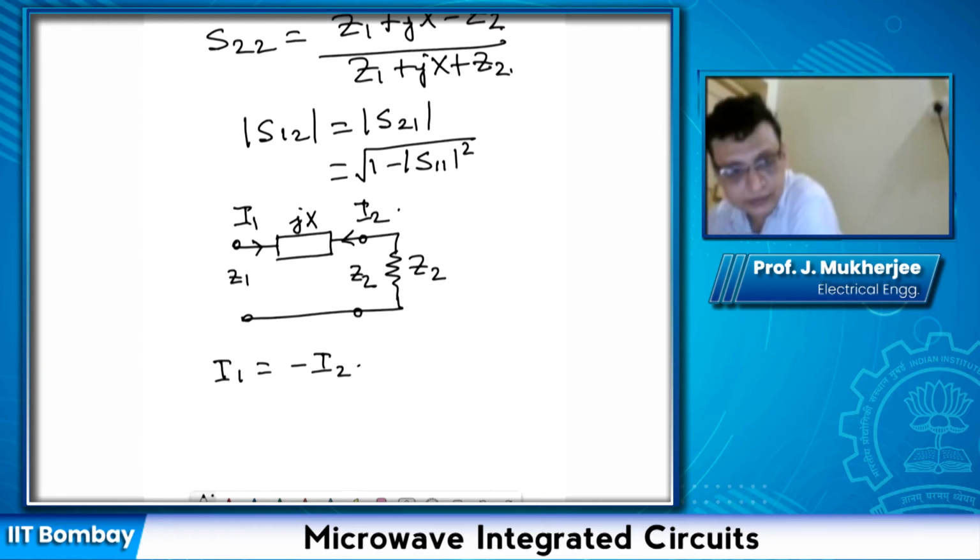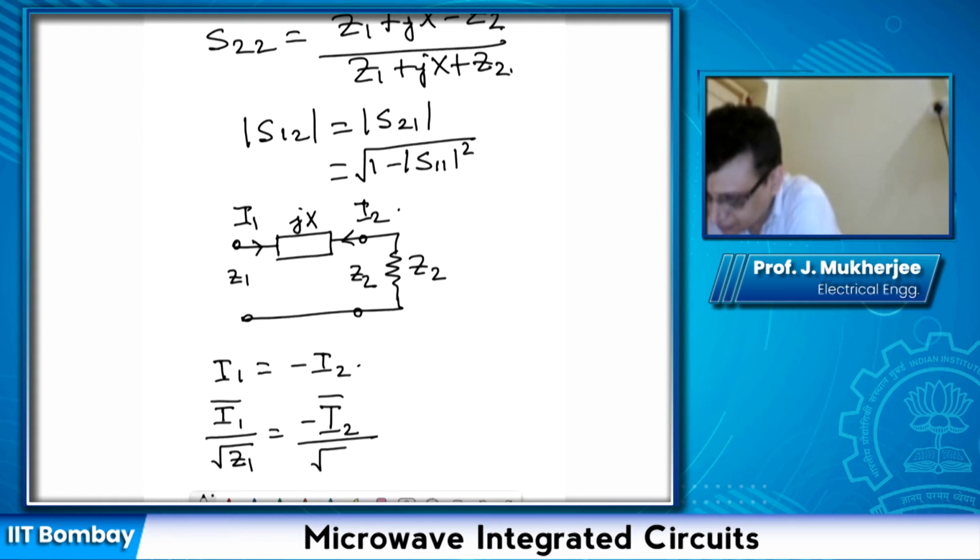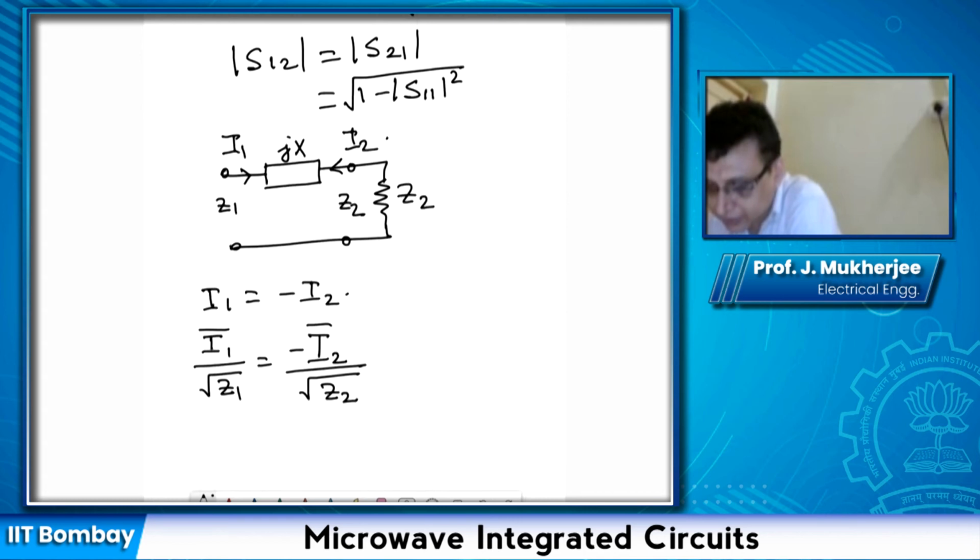Now if I write this equation in terms of normalized currents, then I have... Now recall that I1 normalized is given like this.